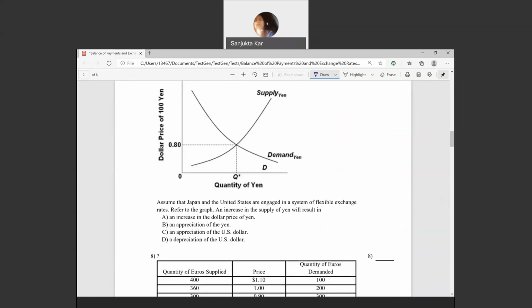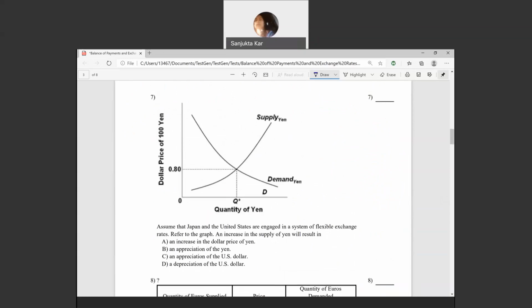Now take a look at question number 7. It says assume that Japan and US are engaged in a system of flexible exchange rate. Refer to the graph. An increase in the supply of yen will cause what? Alright, so here I have the demand for yen and the supply of yen.